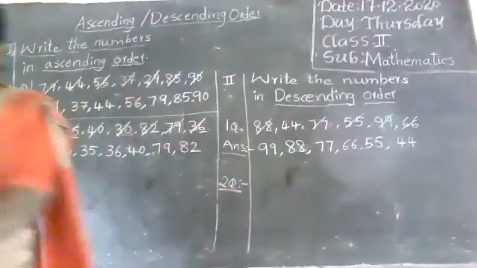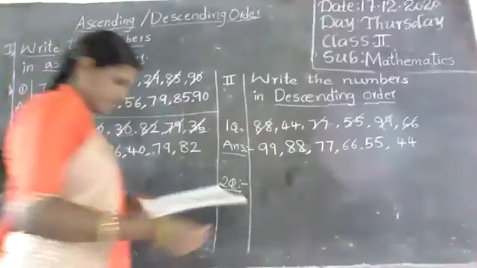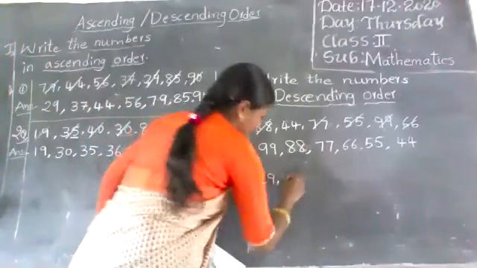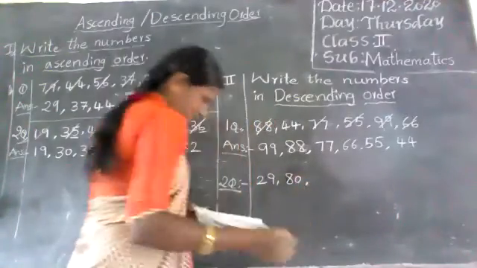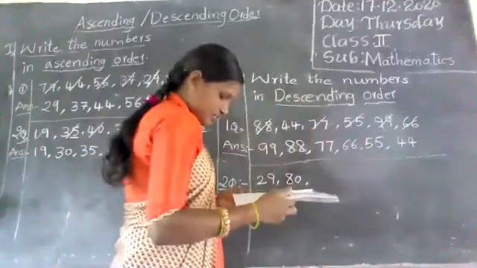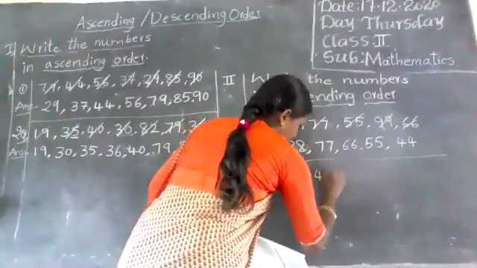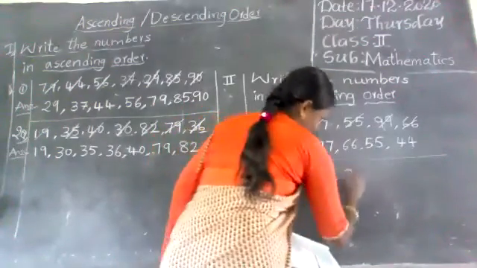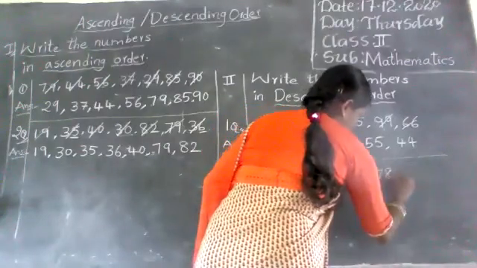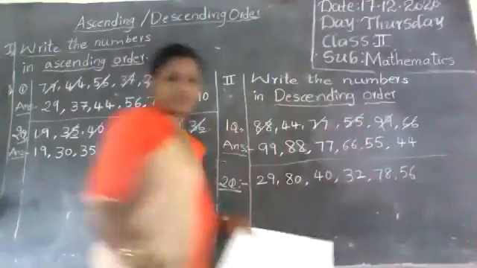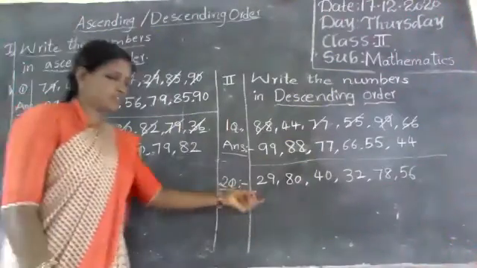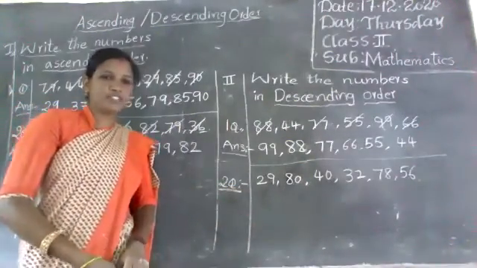Next, second question: 29, 80, 40, 32, 78, 56. First you understand, then you should write.